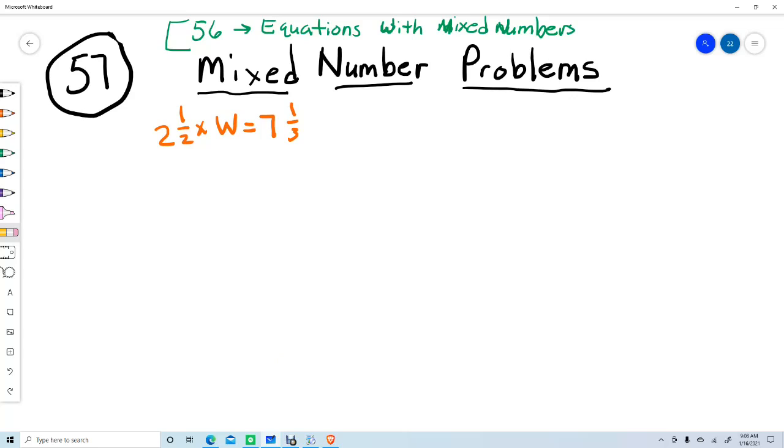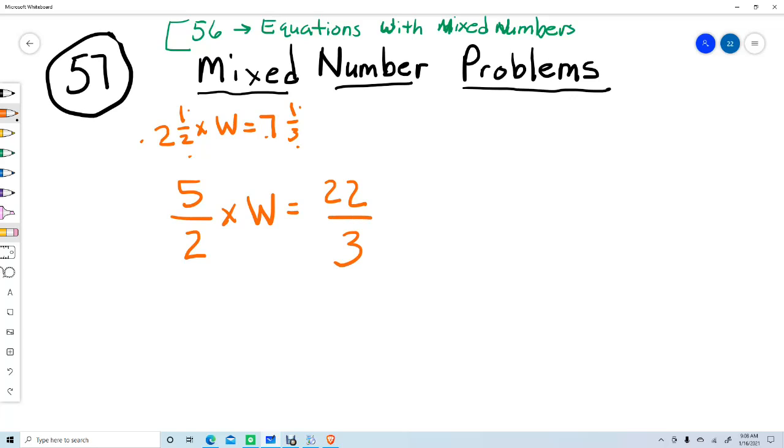Converting 2 1/2 to an improper fraction is whole number times denominator, that's 4, plus numerator, that's 5, over same denominator 2, times what number equals 7 1/3. Whole number times denominator is 21, plus numerator, that's 22, over same denominator.